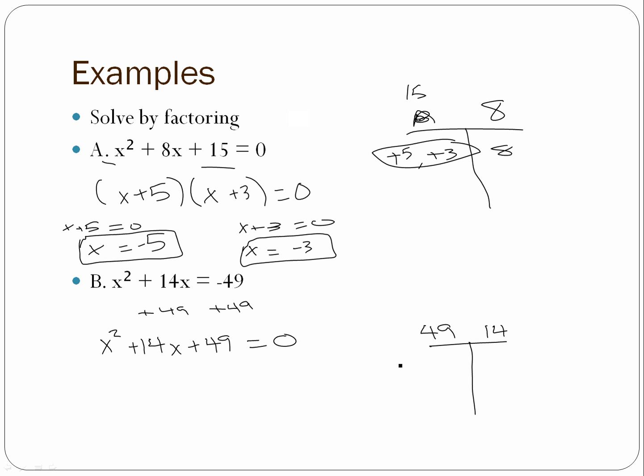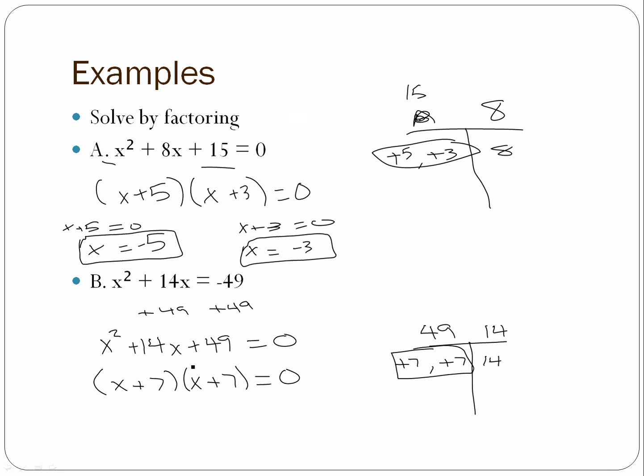Not too hard of a problem here because it looks like a positive 7 and a positive 7 multiplied to 49. And when we add them together, we get that 14. So that's our combination. After factoring it, that trinomial becomes 2 binomials, x plus 7 and x plus 7 equals 0. Notice that these two binomials are the same.